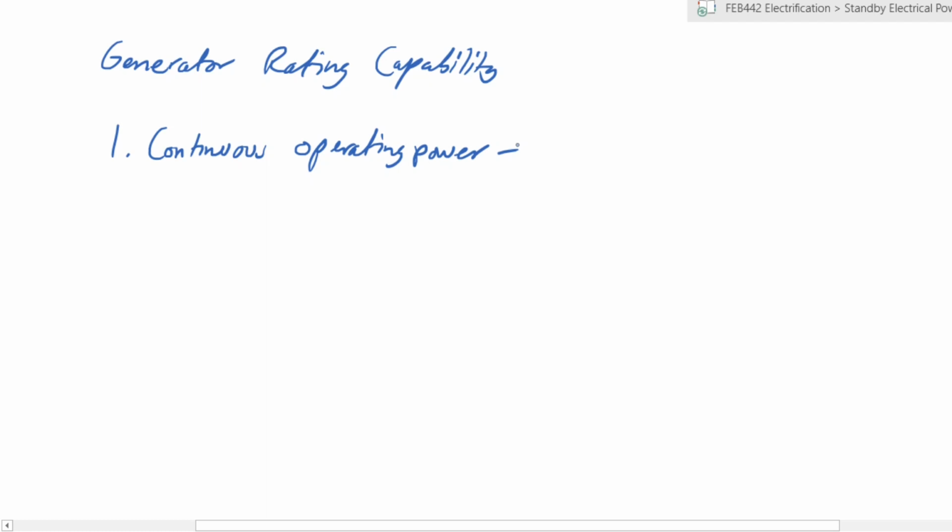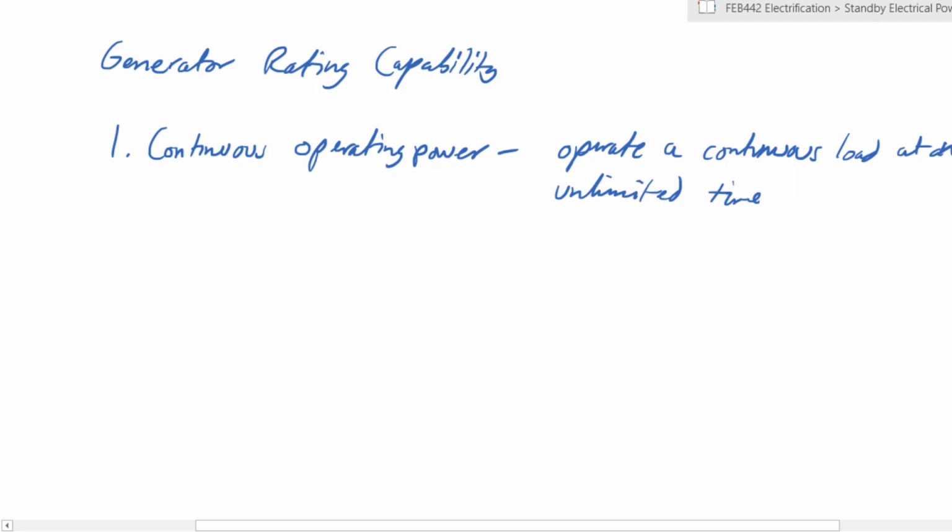In this kind of rating, this is defined as the quantity of power that a genset can operate a continuous load at an unlimited time, right?